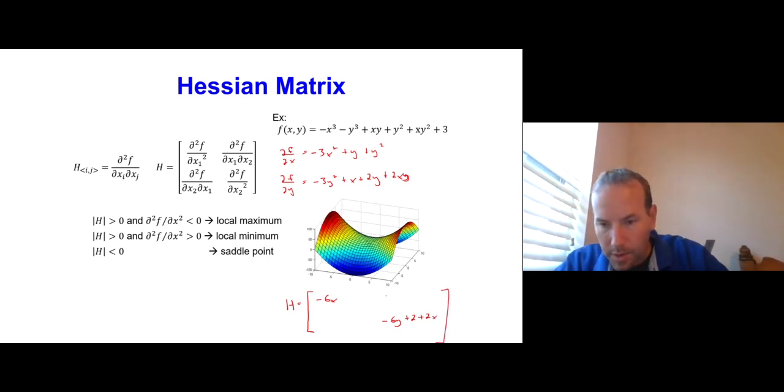And in the corners, you get 1 plus 2y. It doesn't really matter whether you take this with respect to x or this with respect to y, you'll end up getting the same answer.